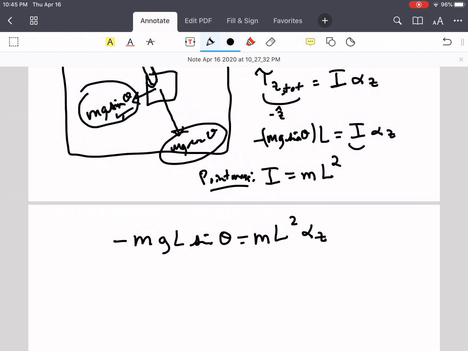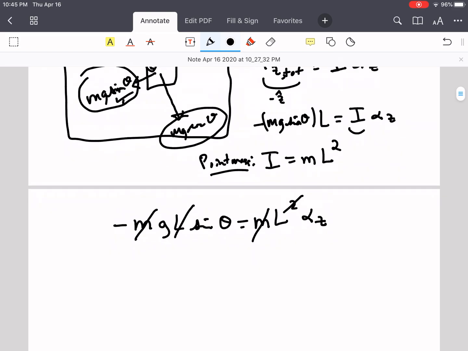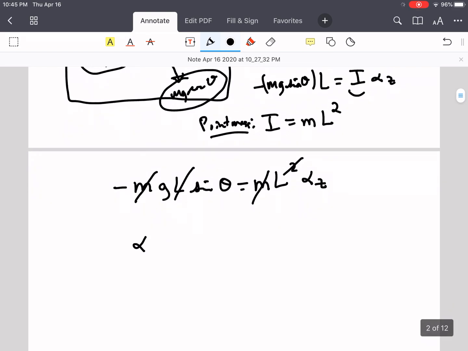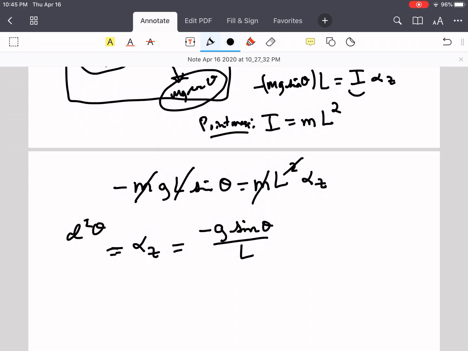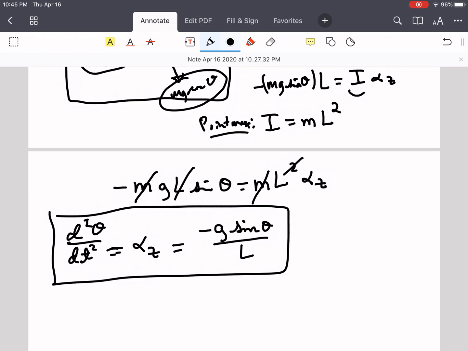Let's go ahead and try to solve this for the angular acceleration. You'll notice the m's cancel, one of the L's cancels, and then I divide through by L. I get that alpha z is equal to negative g sine theta divided by L. Or in other words, the second derivative of theta with respect to time is equal to negative g over L sine theta. So this is actually the equation of motion of the pendulum.